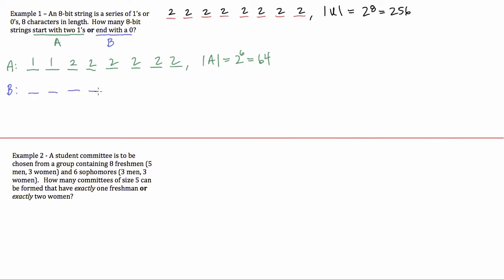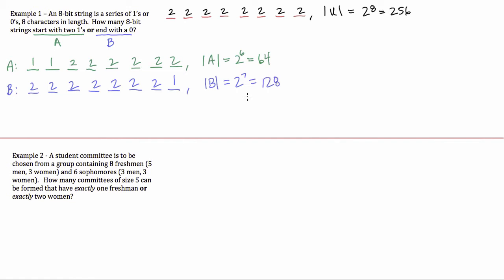So there are 8 total slots here. Ending in 0 means I only have one choice for that last slot. It has to be a 0. And all the other slots I would have 2 choices for. So that means that the set B has a total of 2 to the 7th, or 128 choices.